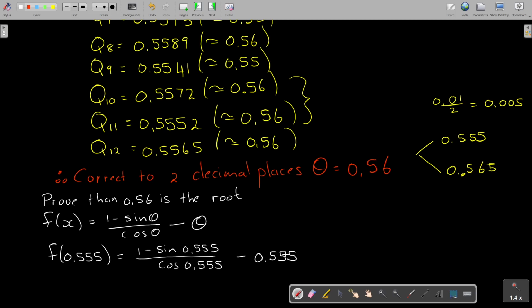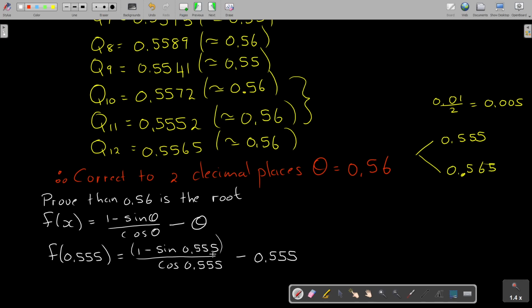All right, let's just press it on the calculator. Remember again your brackets. So 1 minus sin 0.555, close the bracket, divide cos 0.555, press equal, and then minus 0.555.